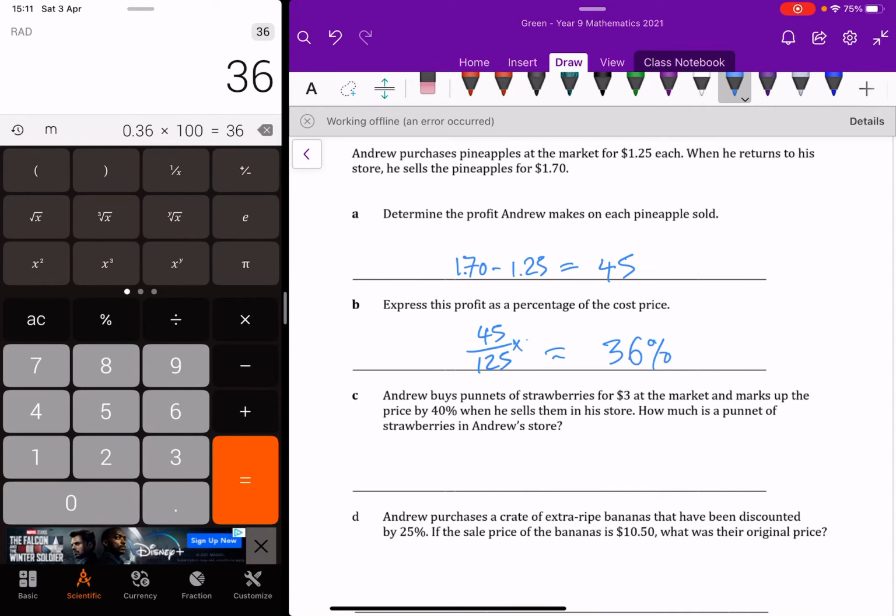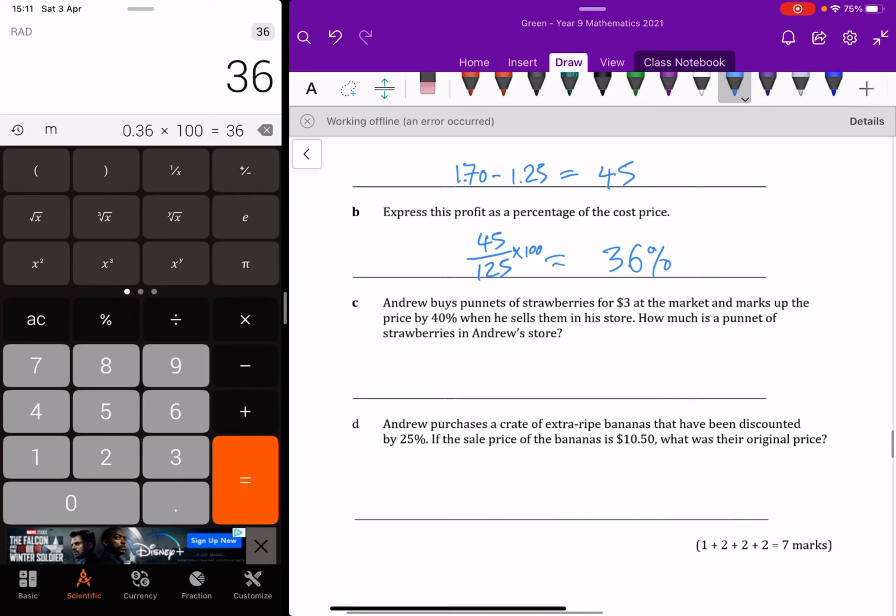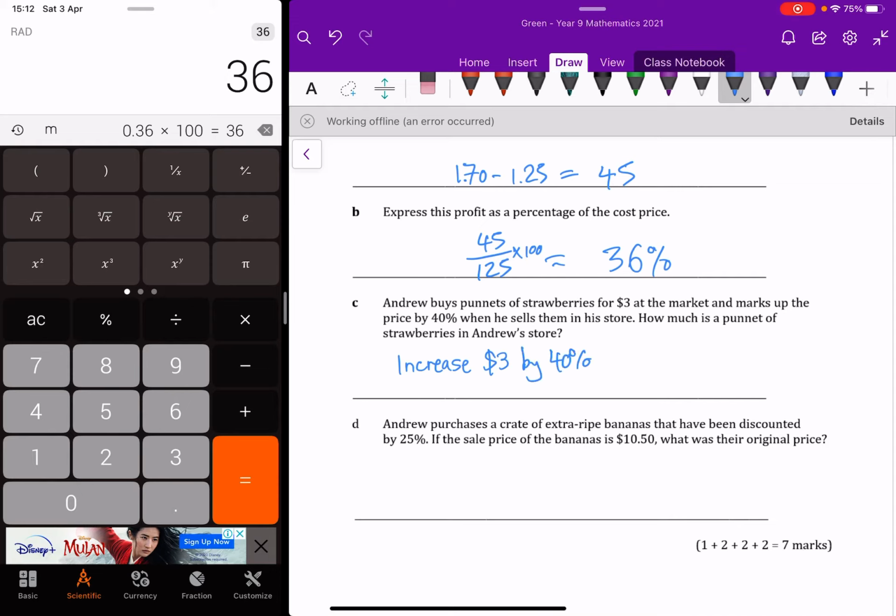Right, so times by 100. Andrew buys punnets of strawberries for $3 at the market and marks them up by 40% when he sells them in his store. So this is a long way of saying increase $3 by 40%, which is a long way of saying find 140% of $3.